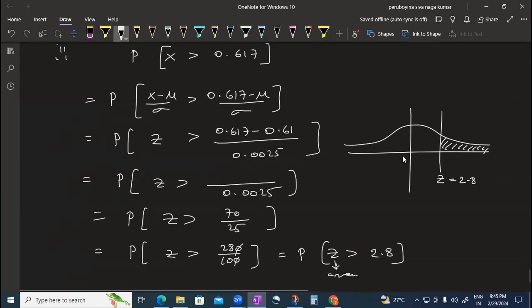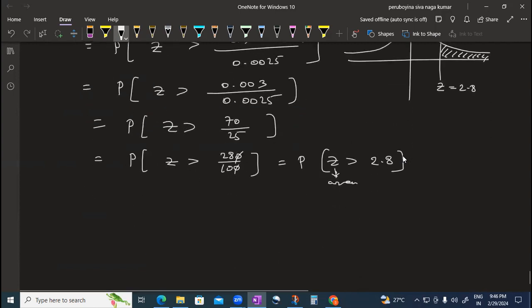It is 614. Write 614, then it will be 0.003. That means it will be 30. That means the next step will be 3 4s, 120. So 1.2 only. So this one also 1.2 in the graph.